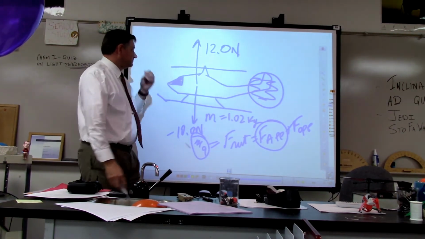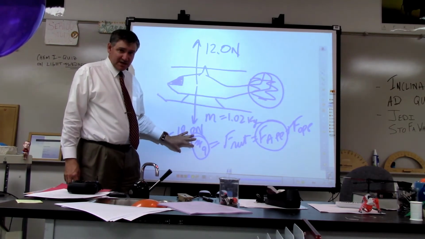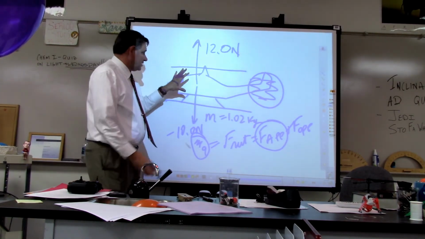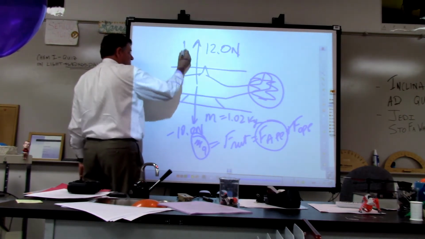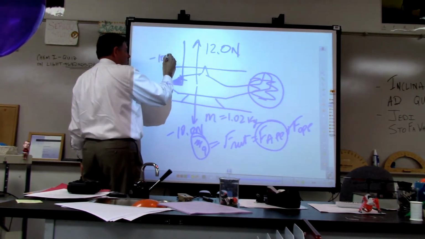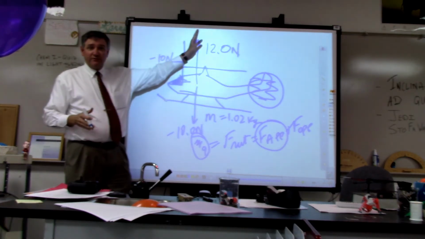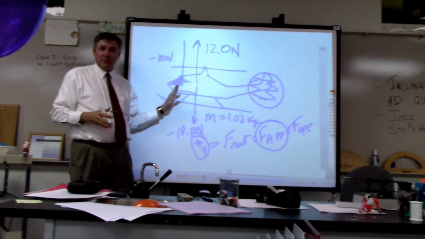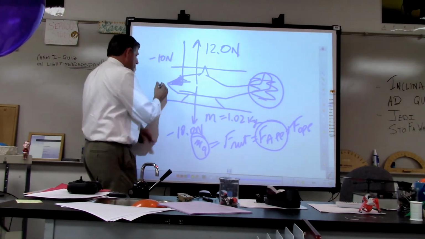So here's the deal. I got a 12 newton force acting up. I've got a 10 newton force acting down. If you want to look at this graphically, there's my 12 newtons, and I got a downward force of negative 10 newtons. What's the difference between a 12 newton force acting up and a 10 newton force acting down? Acting which way? Upward.